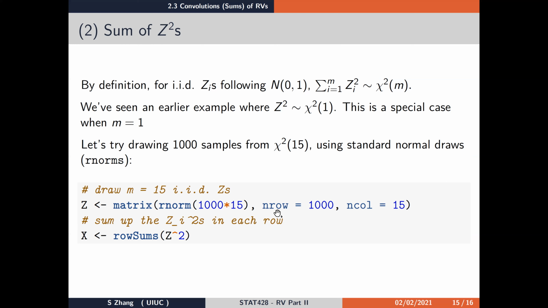And if we square that and take the sum of that row, the resulting x's, which we obtain by row sums of Z squared, so the Z matrix squared entry-wise, and then we take the row sums, the resulting x should follow the chi-square distribution with 15 degrees of freedom.